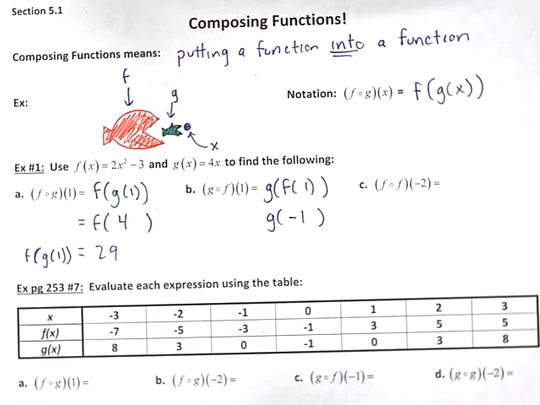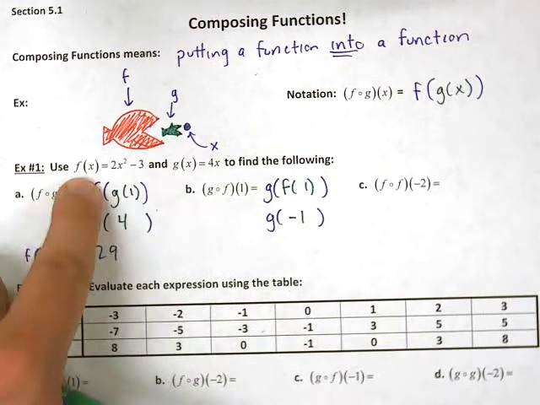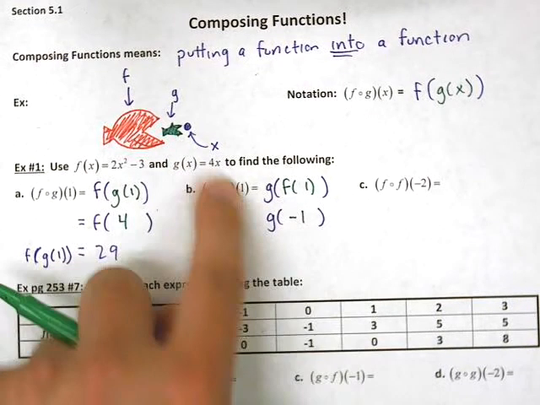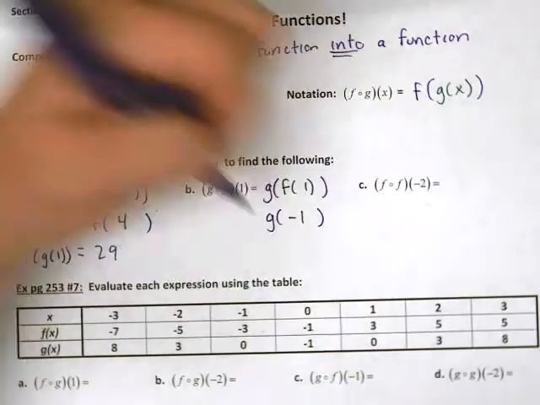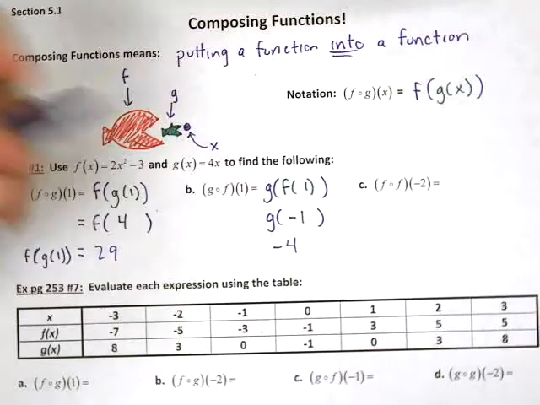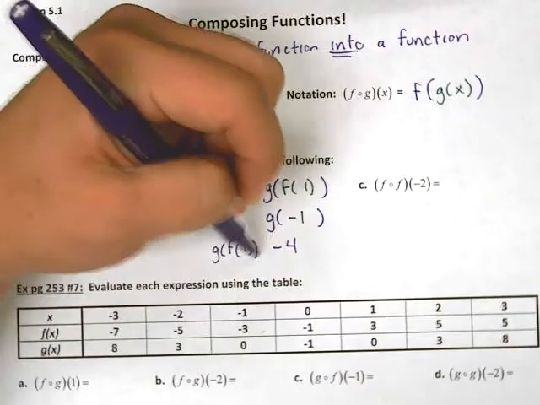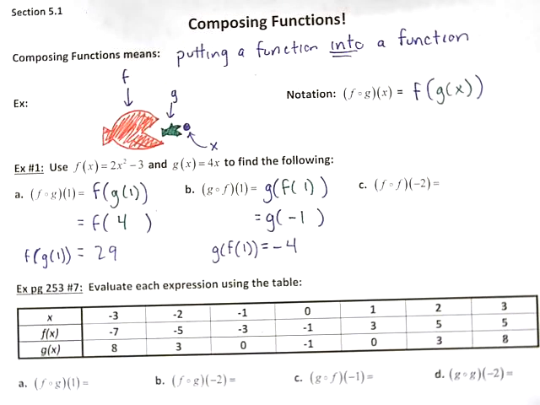Alright, so now I am taking that output from the f, and it is now my input into the g. So negative 1, 4 times negative 1 is negative 4. So g of f of 1 is equal to negative 4. Different, huh? Okay, so please be careful that you go in the correct order.